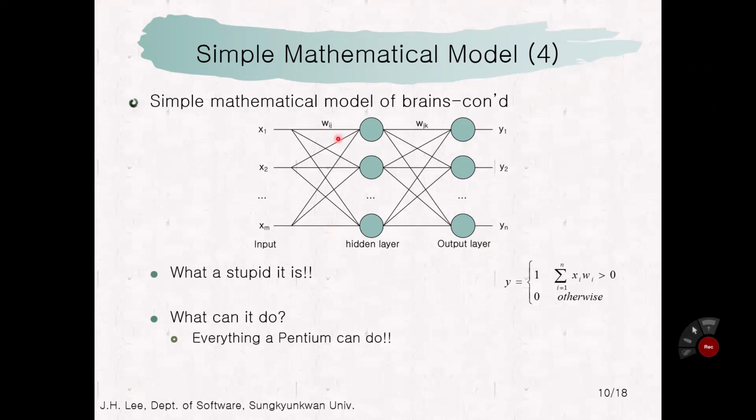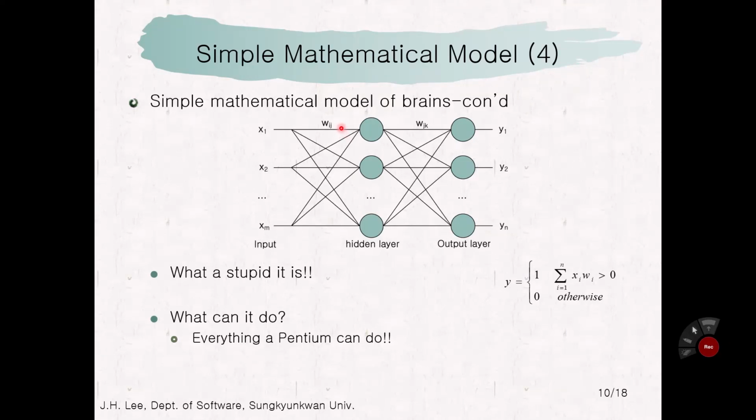If you change the connection weight, this neural network will be a stock index predictor. Even with the same neural network, if you change the connection weight, it will be GPT-3. So the neural network itself is not important at all. What is important is the connection weight.